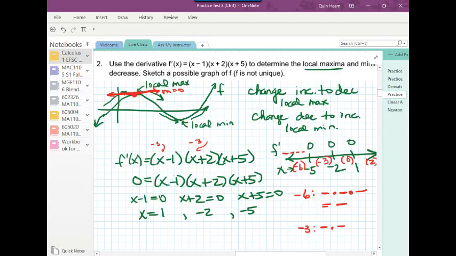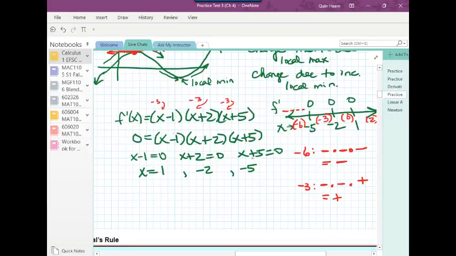So let's go ahead and plug into the first derivative. And when we do this, it's really nice that the first derivative is in factored form, because you don't really have to find the exact value, you just need the sign. For example, if you plug -6 into the first derivative, you have -6 minus 1, which is a negative, times -6 plus 2, which is a negative, times -6 plus 5, which is also a negative.